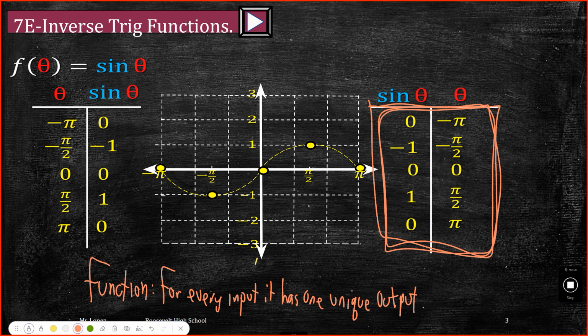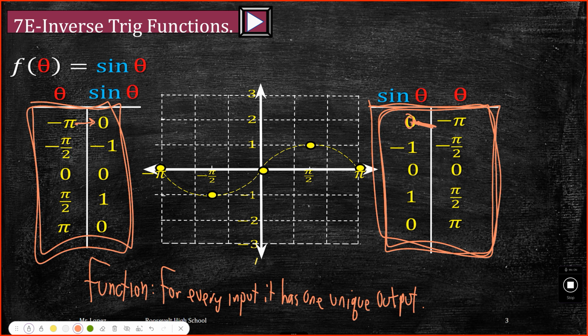This is a function because for every input it has one unique output. The problem here is that this input of 0 has an output of negative pi.